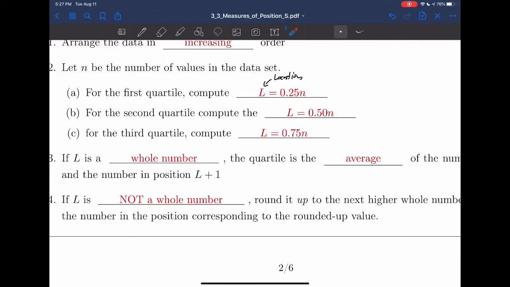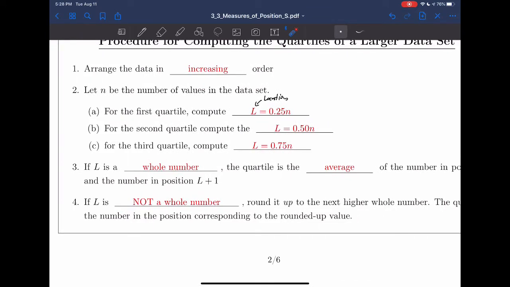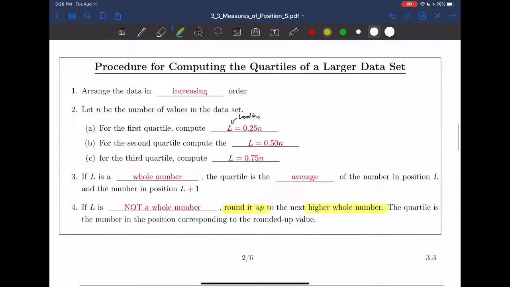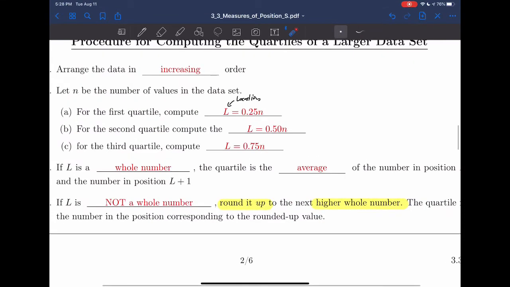If your L is not a whole number, say it's a decimal, then you want to round up to the next highest whole number, and that number will be the location of your quartile. Notice that you always round up.